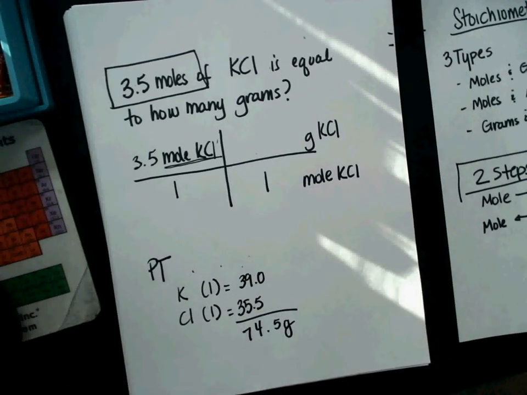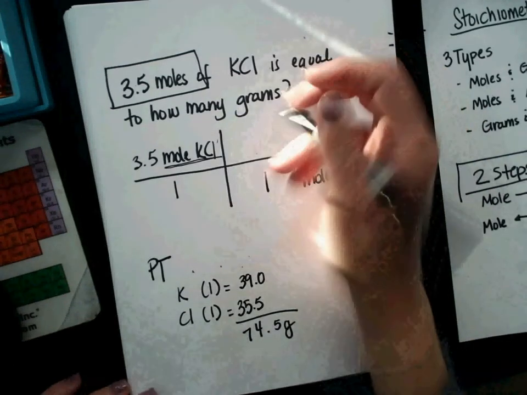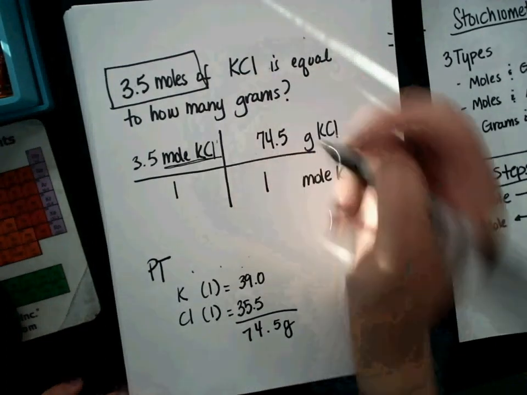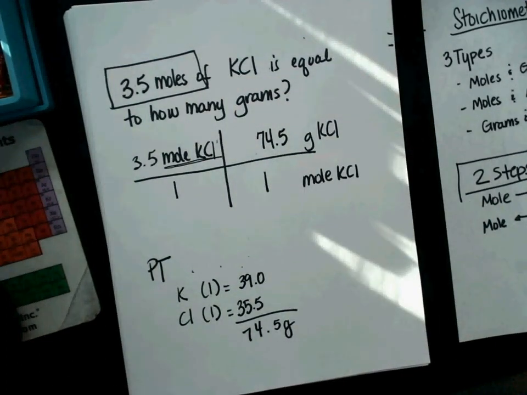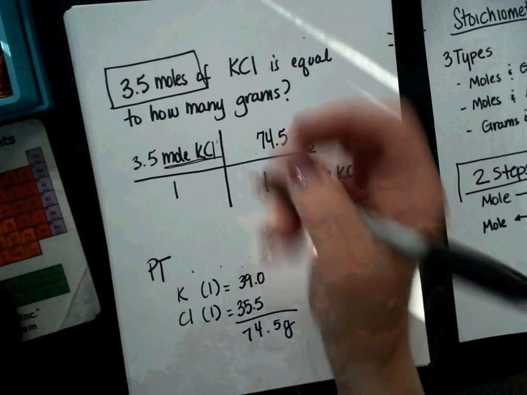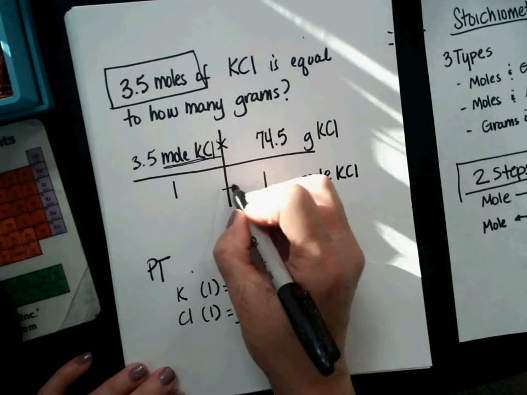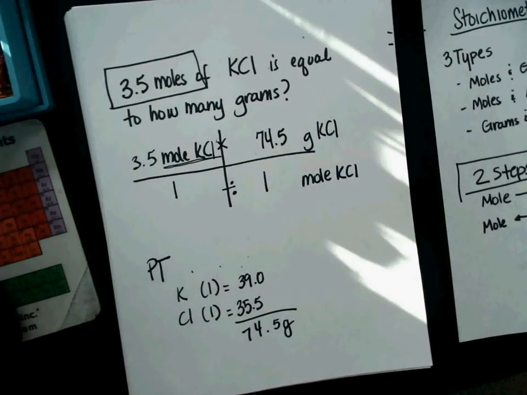So then I just add those together: 74.5 grams, is that right? So I put my molar mass, 74.5 grams, up here, and this is how you work through these. If it's above this line, it means you're multiplying.